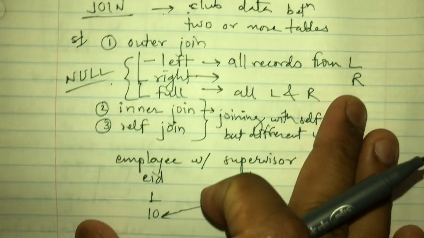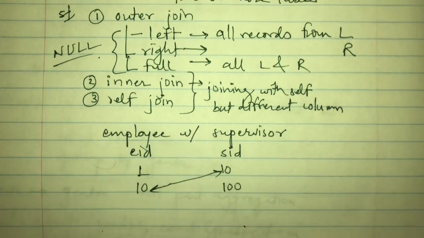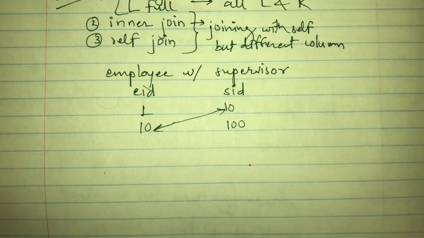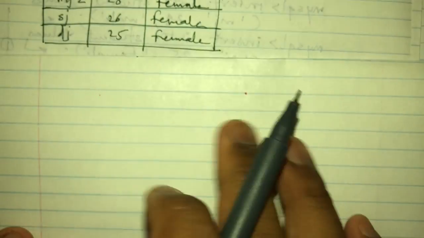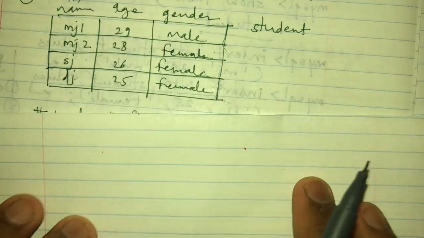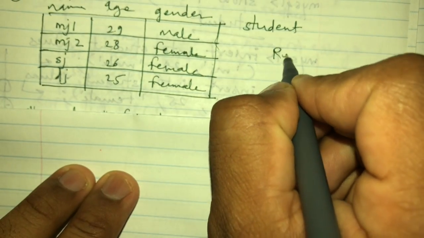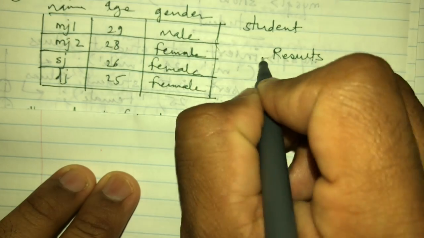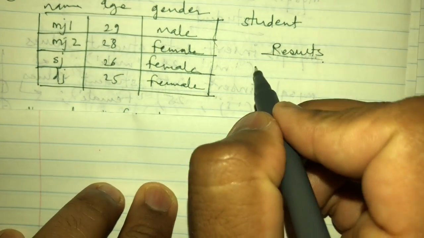Okay, now I did not dwell too much on the technical theoretical knowledge here, so I'll quickly jump to an example so that it will be easier to explain. So let's say I have my student table that I showed you just now, and I have a results table, and I want to know the status of the result.